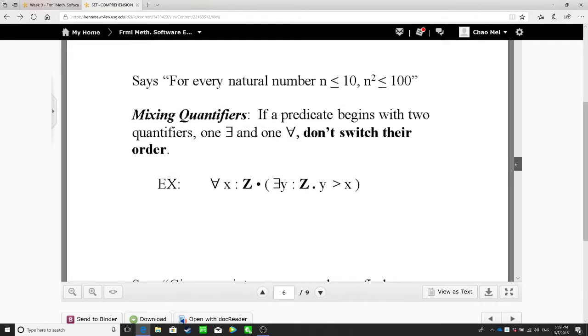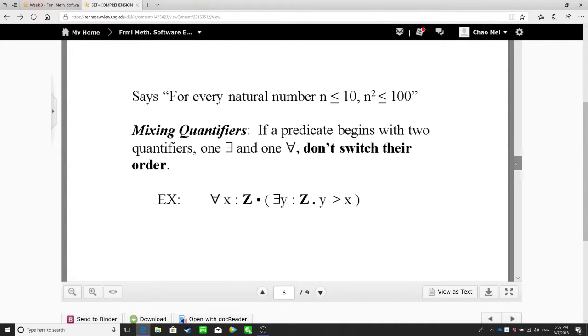Okay, here this part is going to be kind of hard. It is mixing those two quantifiers. If a predicate begins with two quantifiers, one existential and one universal, don't switch their order, of course.